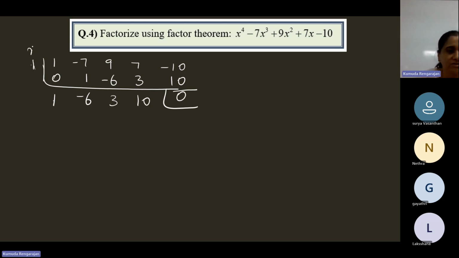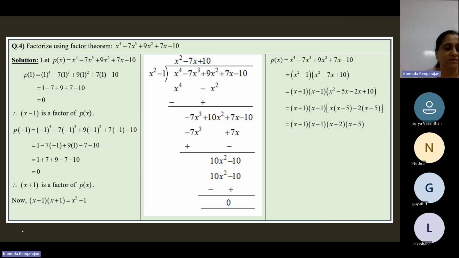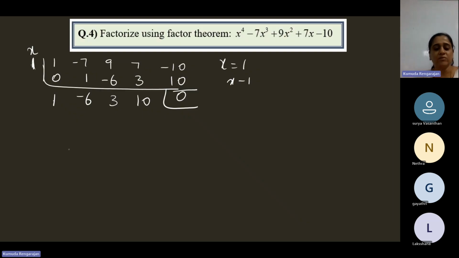So you have taken x is equal to 1 here. That means x minus 1 is a factor. You have taken 1 here, right? Correspondingly you should show p of 1 here.